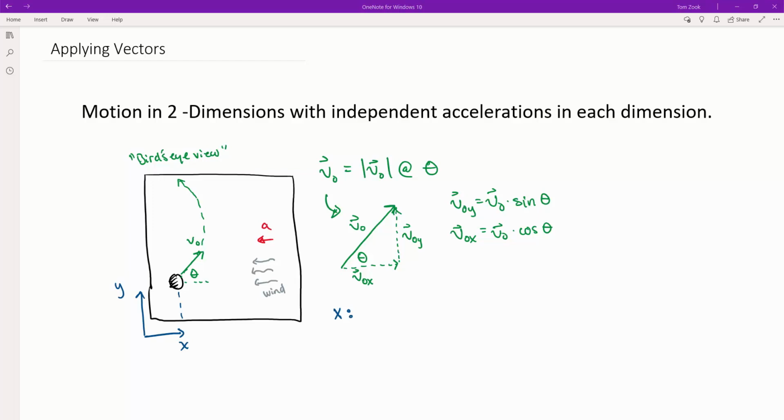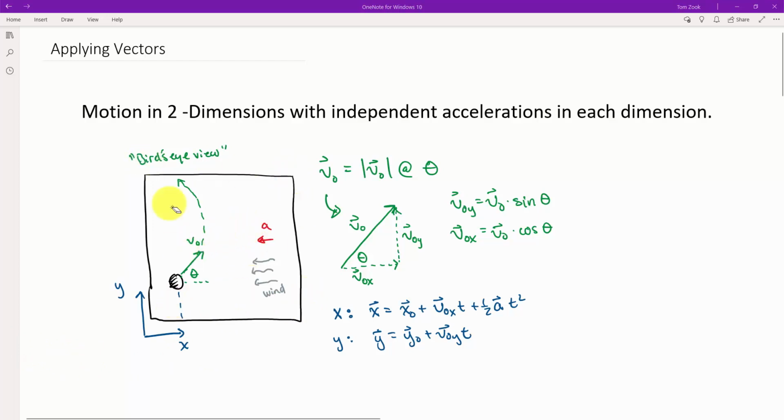So in the x direction, we could say that we've got the function x is equal to x naught plus VOX t plus 1/2 a t squared. And in the y direction, you could say y is equal to y naught plus VOY t. And that's that, because there's no acceleration in the y direction. There's only acceleration in the x direction here.